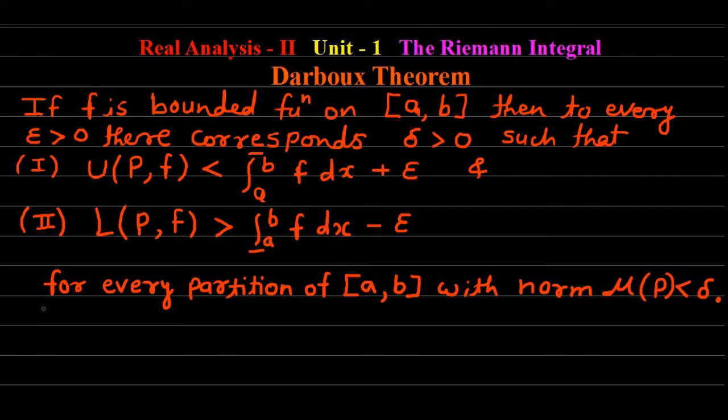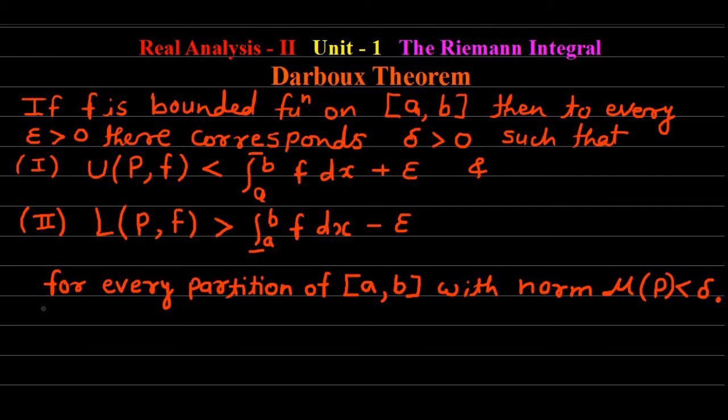theorem. So the statement of this theorem is: if f is a bounded function on the closed interval [a, b], then to every epsilon greater than 0, there corresponds a delta greater than 0 such that number 1, the upper sum over partition P for the function f is less than the upper integral from a to b of f dx plus epsilon, and number 2, the lower sum over partition P for the function f is greater than the lower integral from a to b of f dx minus epsilon.